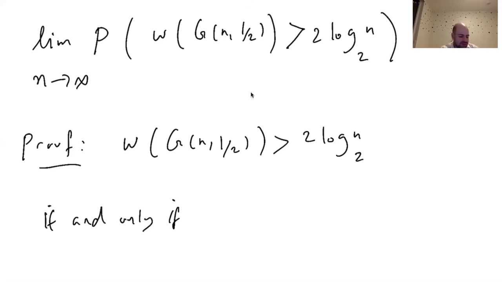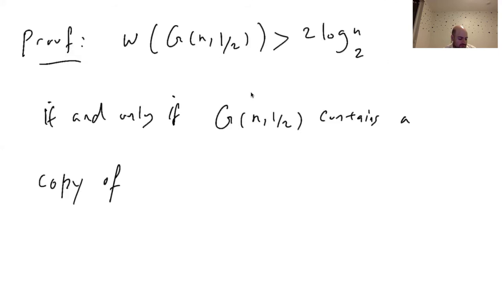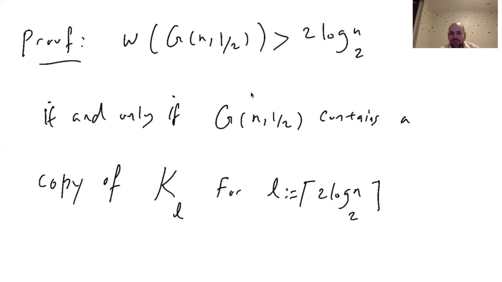So similarly, I can say that the clique number is bigger than 2 log n in base 2 if and only if G(n, 1/2) contains a copy of K_L, let's say, for L equals the ceiling of 2 log n in base 2. Well, 2 log n in base 2 may not be an integer. Let's say it's, for example, 5.6.